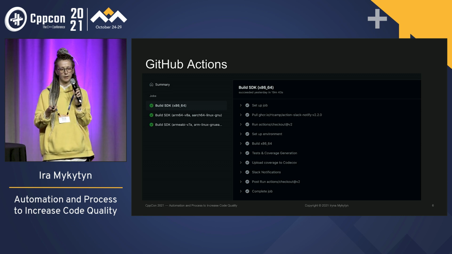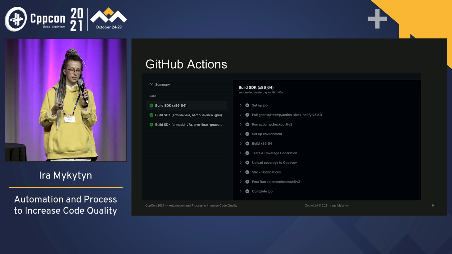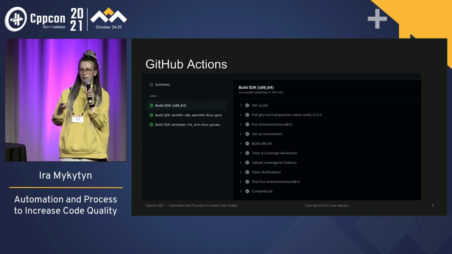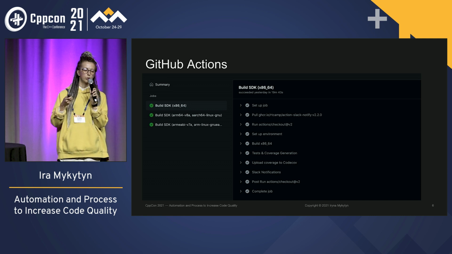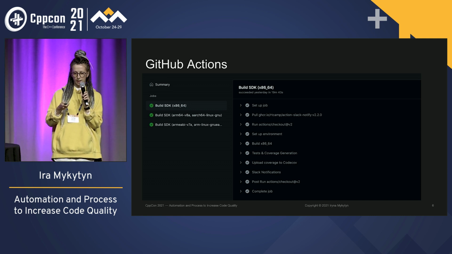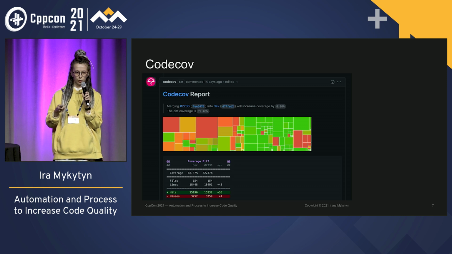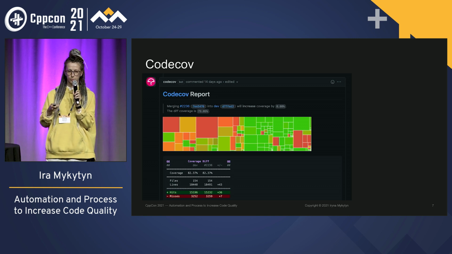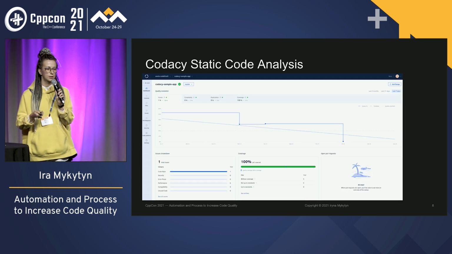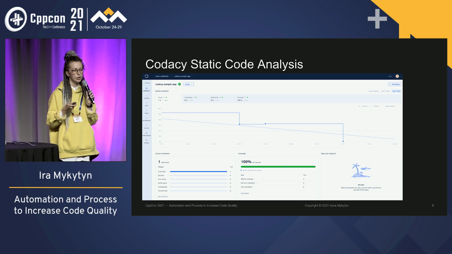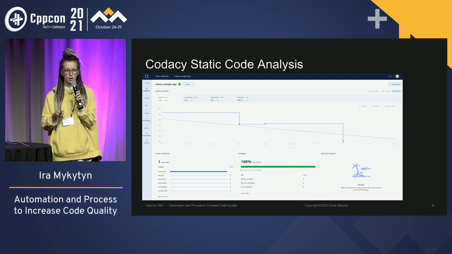We have test runs and coverage generation, which we upload to CppCon. And this is actually the tool which I recommend to use. CppCon reports for coverage measurement, and another tool is static code analysis, which we also found very useful on our project.